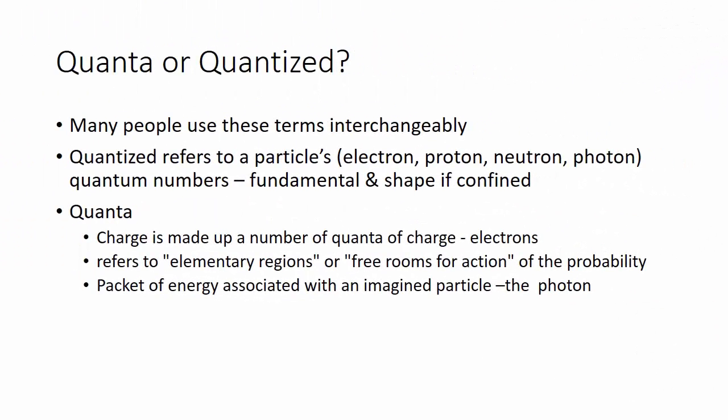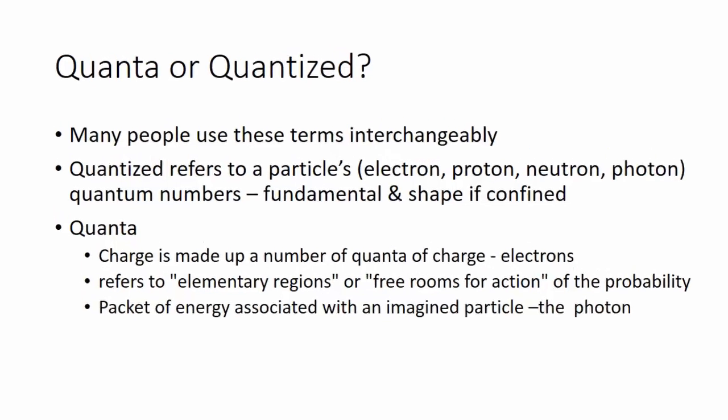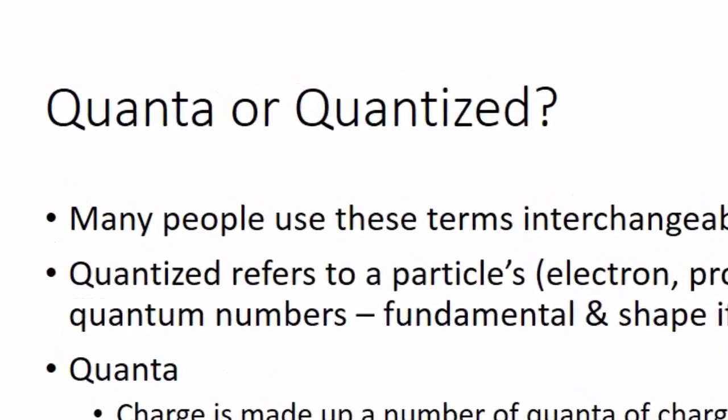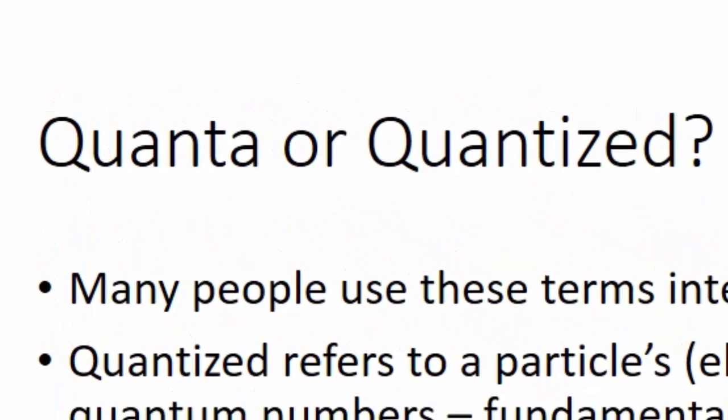The key word I want to really get into is the word quanta or quantized. So this is a word that people use interchangeably, but they really mean different things. And if you listen to one explanation, you can be led up the garden path, or you can be led down a way which will lead to confusion. So the word quantized is a very interesting thing.